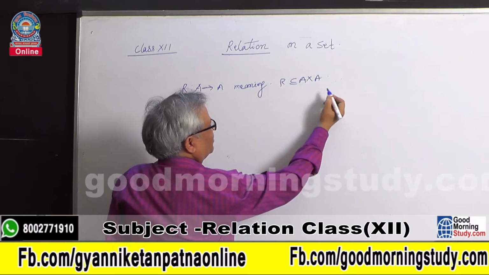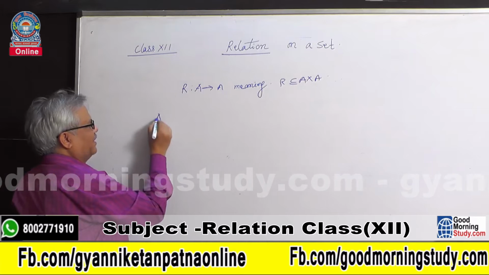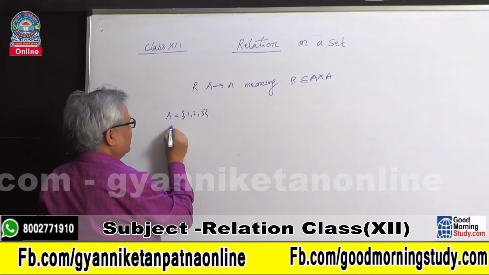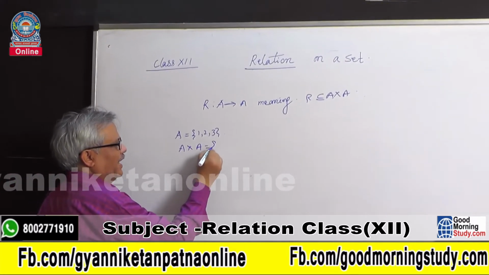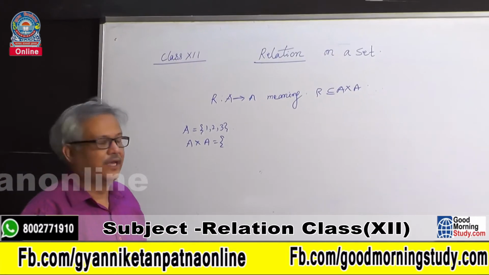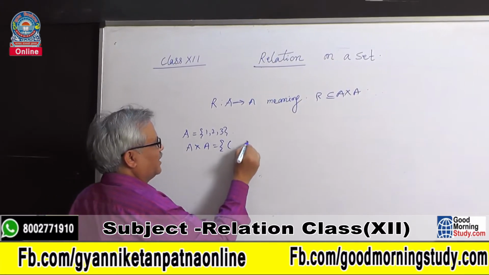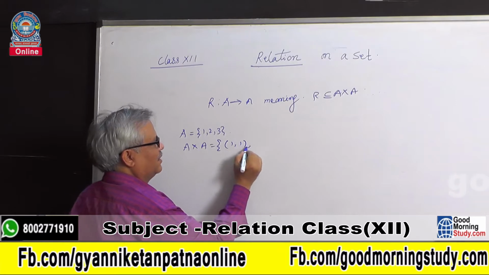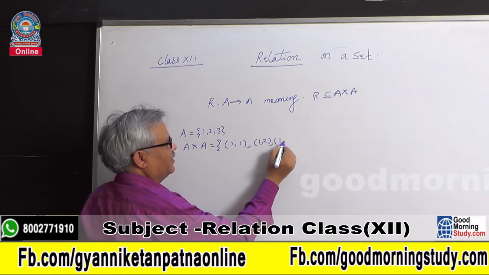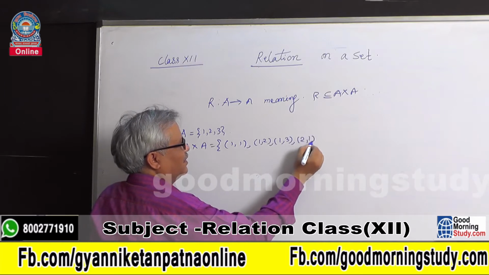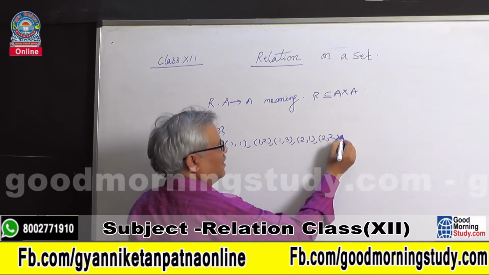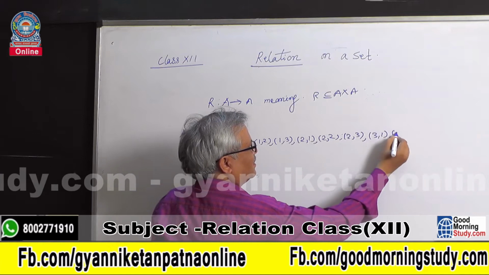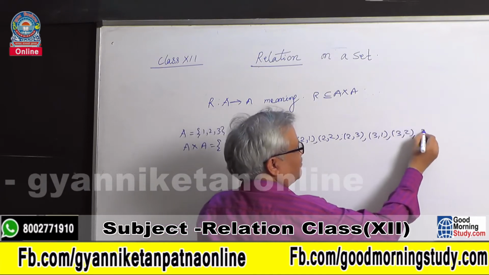We know the Cartesian product of two sets. For example, consider the elements 1, 2, 3, and then we write A cross A, and this will consist of the ordered pairs in which both elements will be from the set A, because it is A cross A. So it will be like (1, 1), (1, 2), (1, 3), (2, 1), (2, 2), (2, 3), (3, 1), (3, 2), (3, 3).